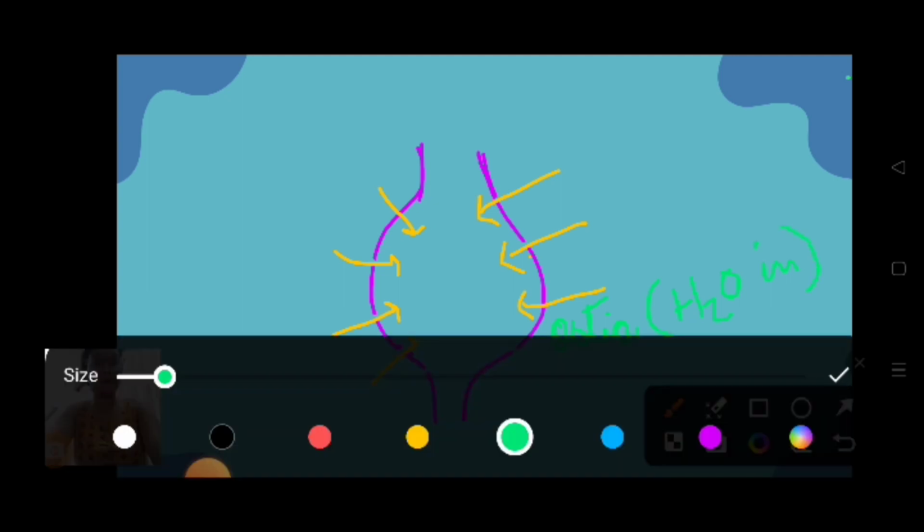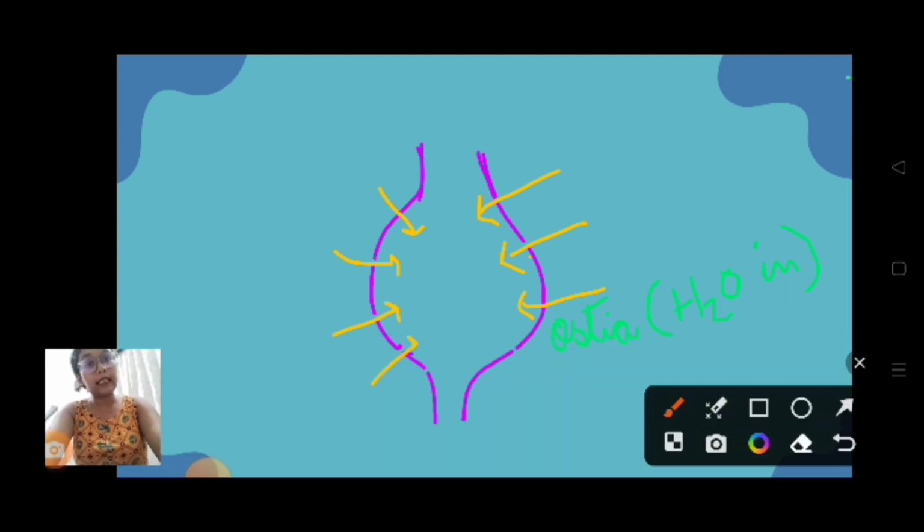Is it clear? Let me take another pen, the blue one. The water got inside the body, then how does it get out? The water gets out through this cavity, this portion, which is called the osculum, where water goes out.